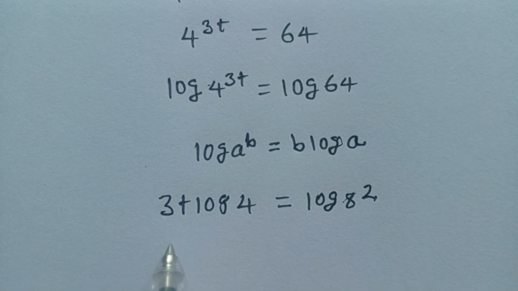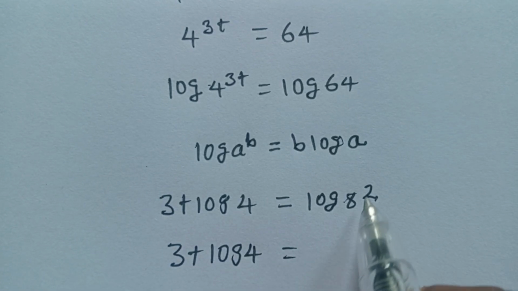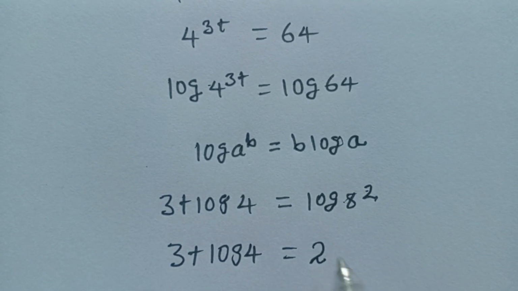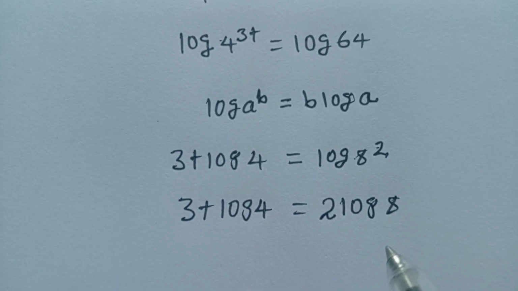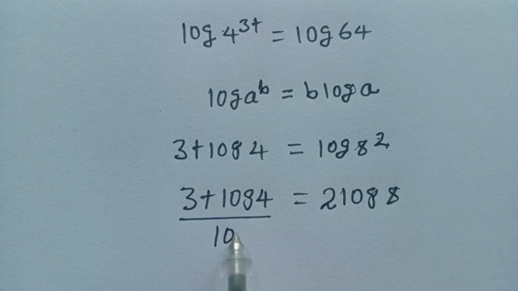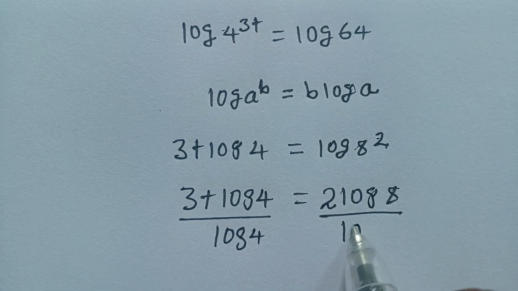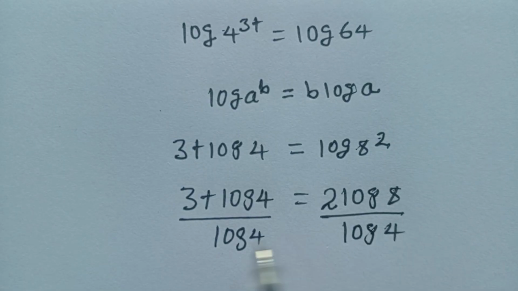Then 3t log 4 equals 2 log 8 over log 4 over log 4.